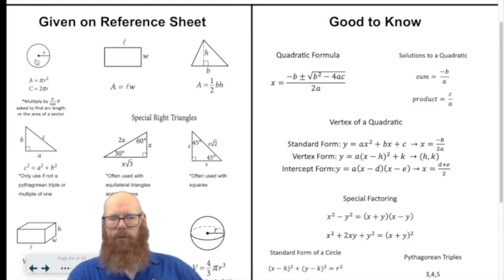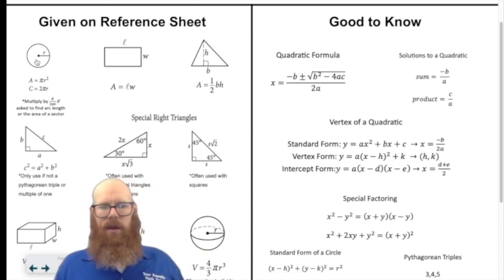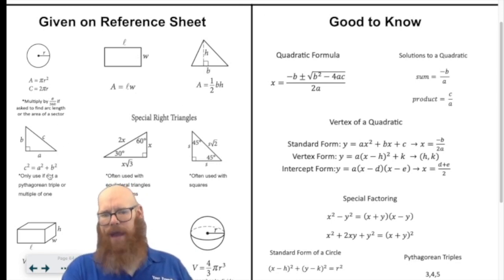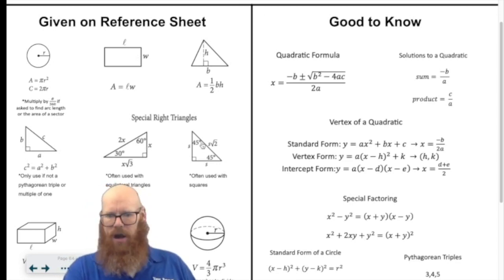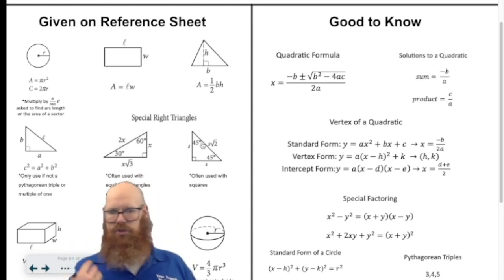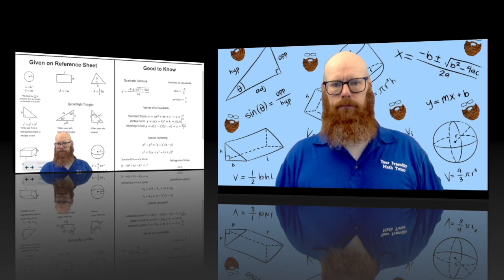So we just went over area and circumference of a circle and how to use that with the arc length and area of a sector, the area of a rectangle, the area of a triangle, using the Pythagorean Theorem when it's not a Pythagorean triple, and special right triangles. Again, these are formulas that they give you, but the more familiar you can become with them, the better off you'll be, as opposed to just relying on the fact that they're given on the actual reference sheet.